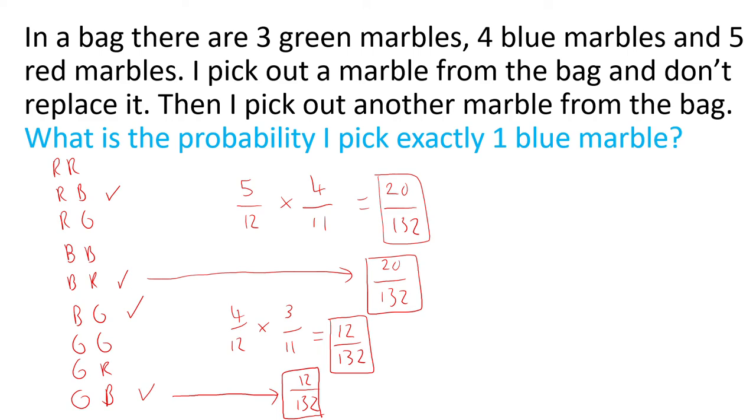So we do 20 over 132 plus 20 over 132 plus 12 over 132 plus 12 over 132, and that will come to a total of 64 over 132. So that is your final answer to the question, what is the probability of picking exactly one blue marble?